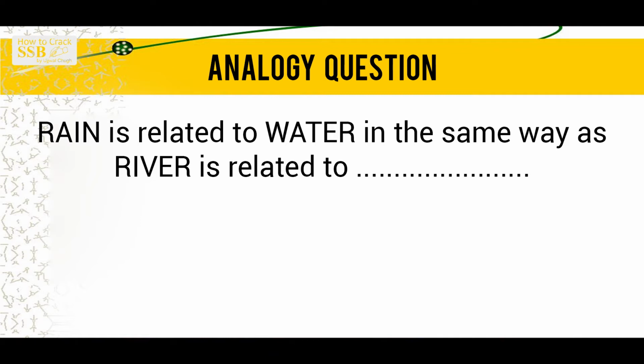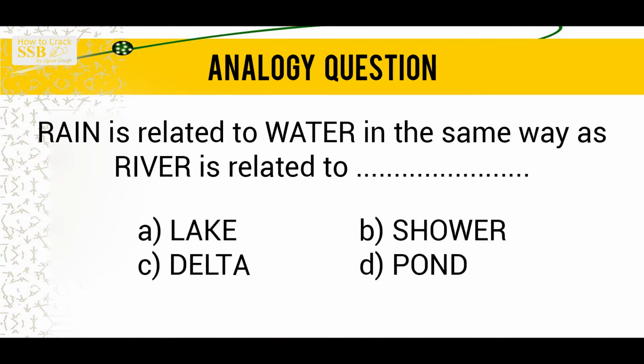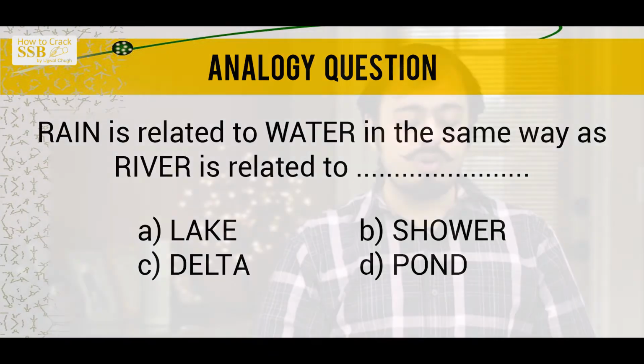There is a relation between rain and water, and now they are asking what is the relation for river, and these four options are given to you: lake, shower, delta or pond. So you have to give this reason. Now how do you have to do this? These are very simple.